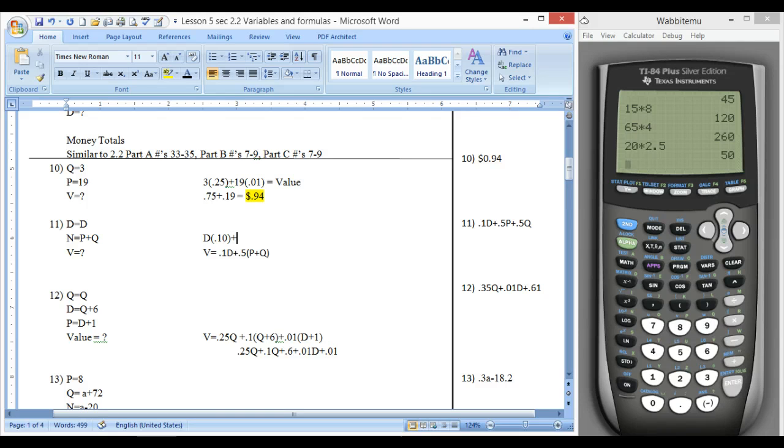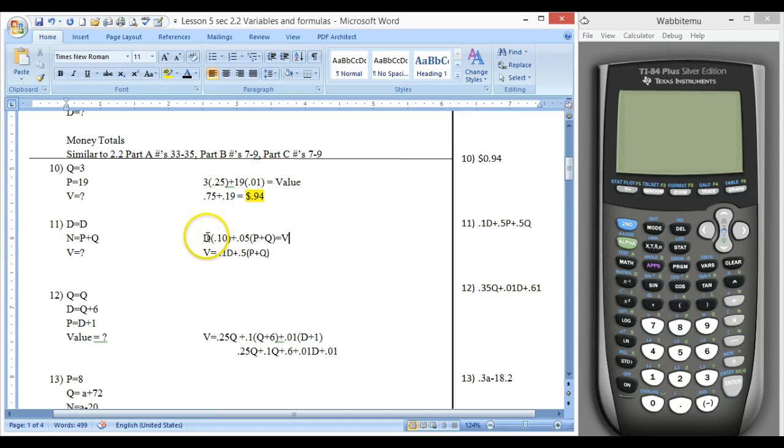Now I need to add it to whatever else I have. Nickels. Nickels are valued at 5 cents, or 0.05. And then the number of nickels is P plus Q, or pennies plus quarters. This equals the value. Now let's simplify it up just a little bit.